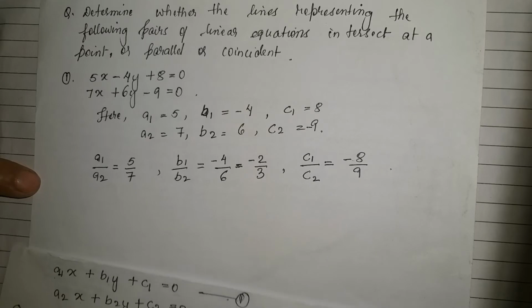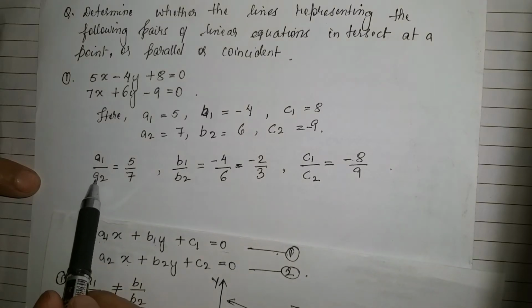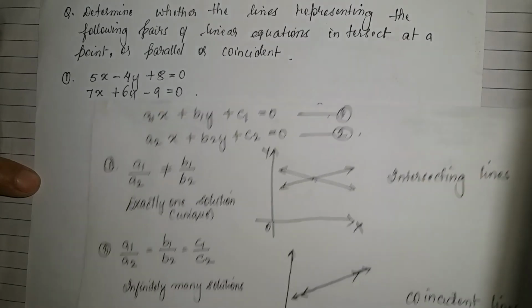So what do we get from here? We are getting the ratio a1 by a2 is not equal to b1 by b2. We are getting the first case.